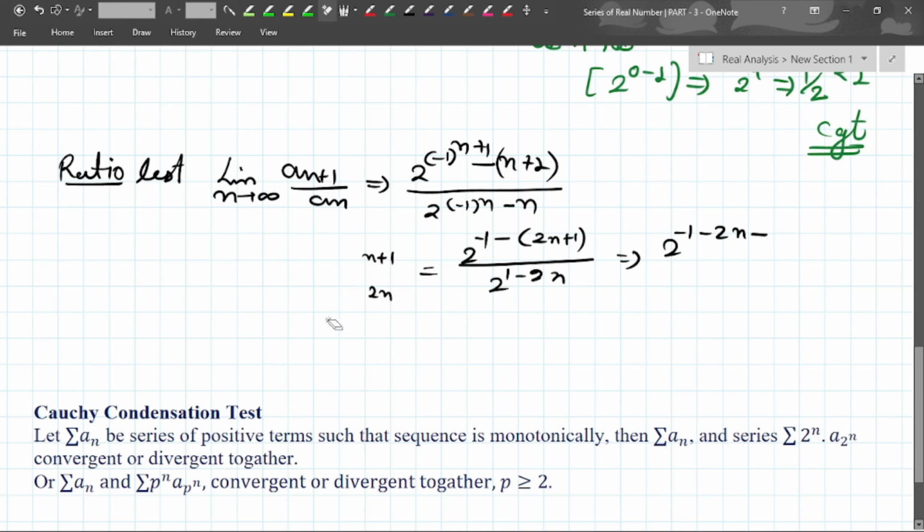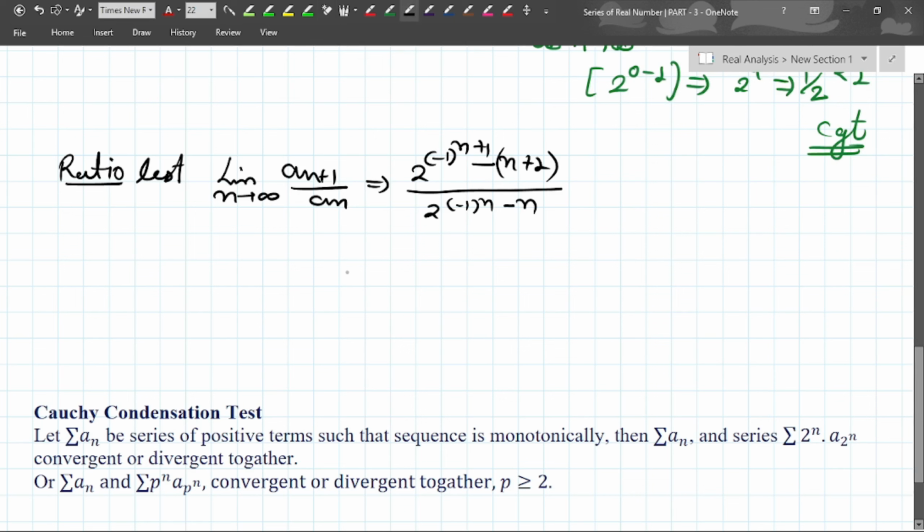But from here also we can do one thing. If I write it like this, it is 2 power minus 1 power n minus 1. So it is 2 power minus 1 power n, and it is going to be 1 plus 1, and minus of minus 1 power n, and this is going to be plus of n.